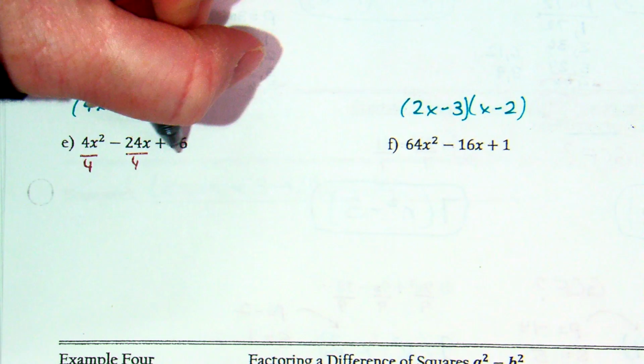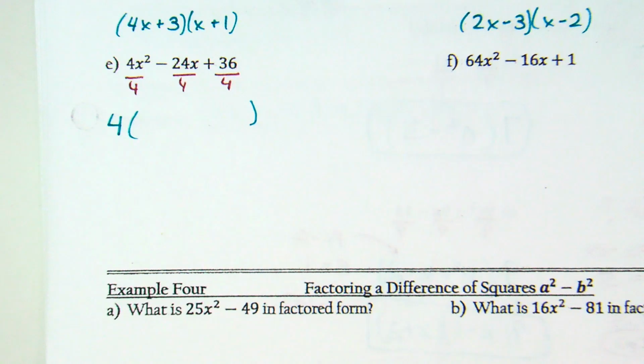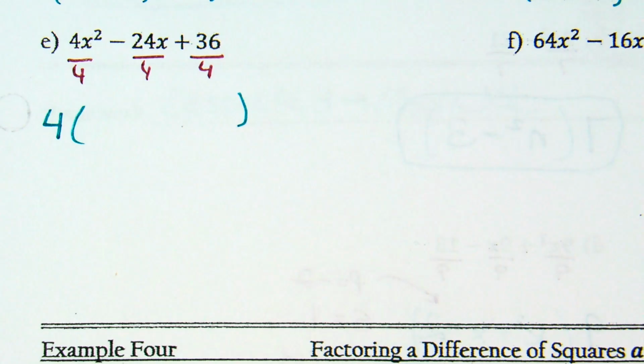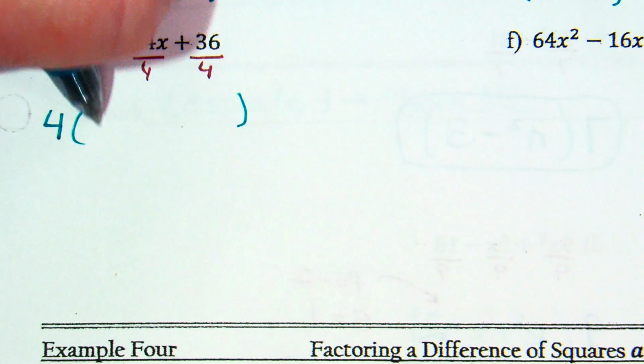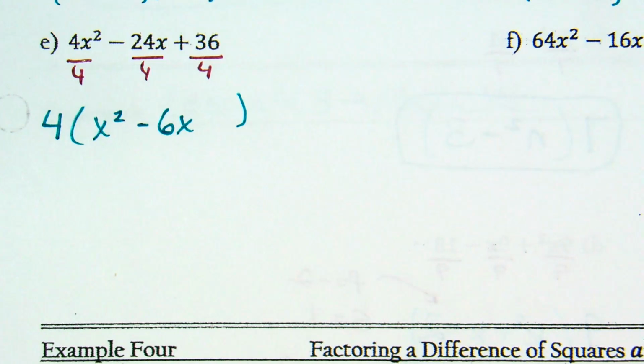That means I'm going to put my 4 out front and write the rest of it in parentheses. So what do I get in my parentheses after I divide everything by 4? 4x squared divided by 4 is x squared, minus 24x divided by 4 is minus 6x, plus 36 divided by 4 is plus 9.